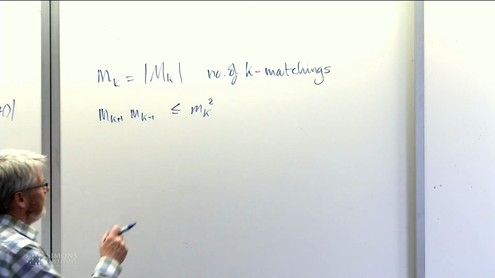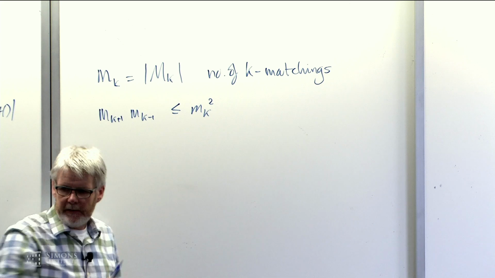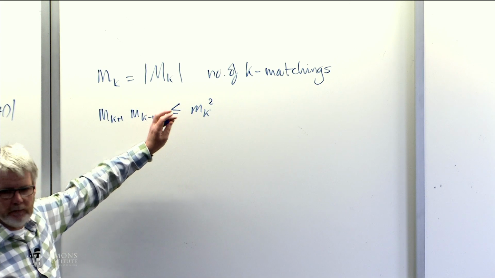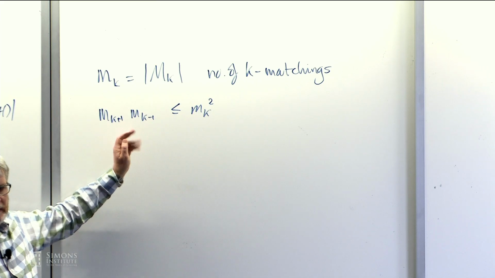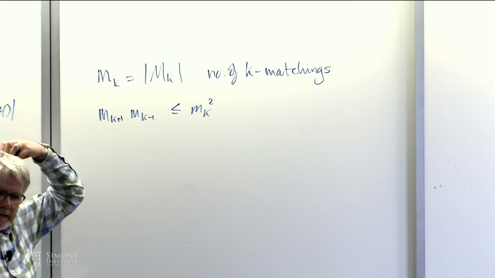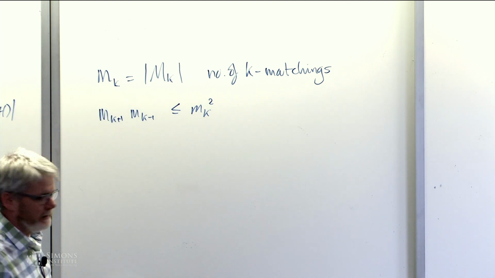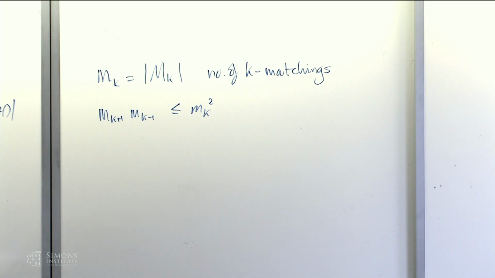In fact, this is true with something to spare, as we've seen earlier, that you can put a ratio of binomial coefficients here. But this is an elementary proof. It doesn't require any knowledge of roots or stability properties, and arises from the Markov chain analysis on matchings.